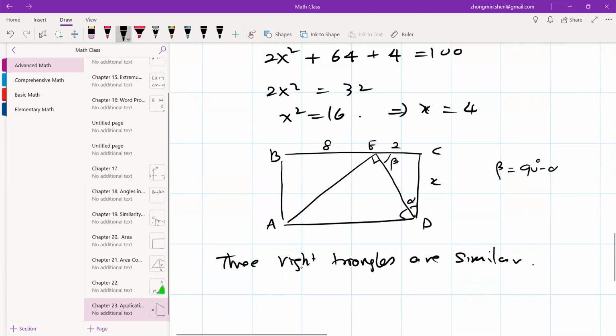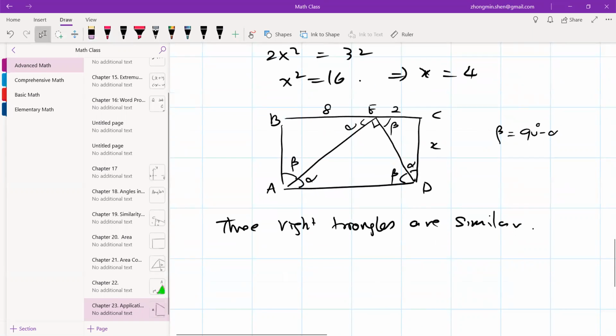If this is beta, this is alpha, right? If this is alpha, this must be beta. Then this must be alpha. And alpha plus beta is 90 degrees. So all these triangles are similar. Then, great, all three triangles are similar. You can use any two of those to compare.